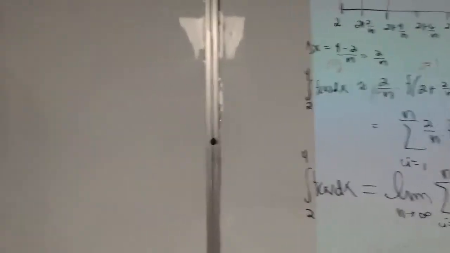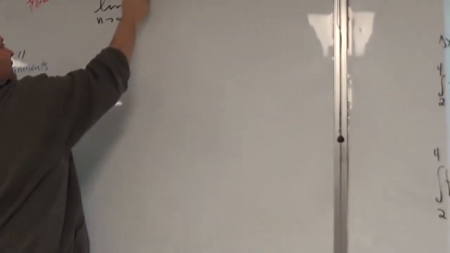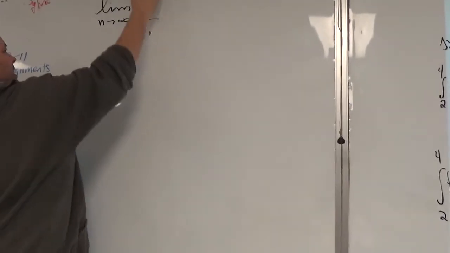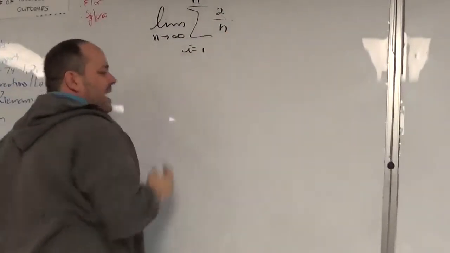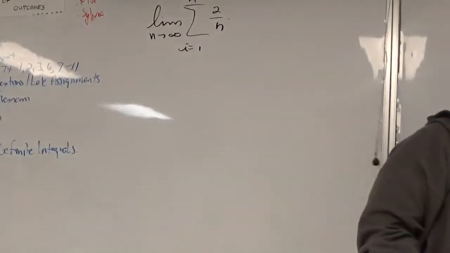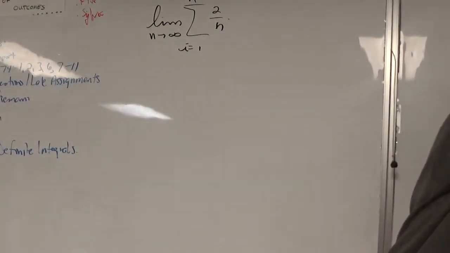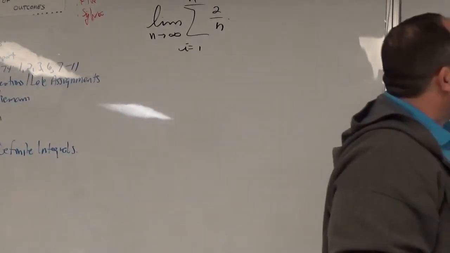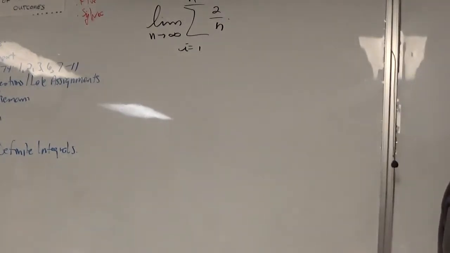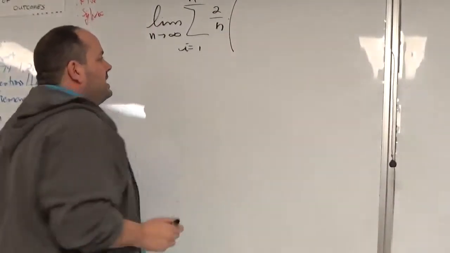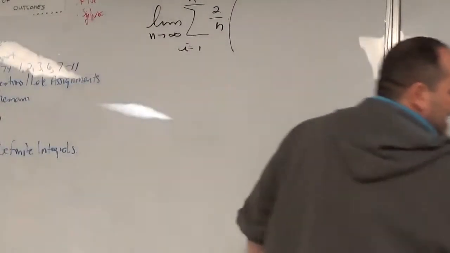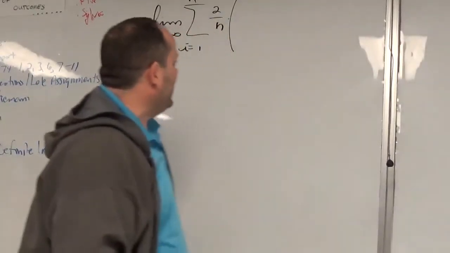So what might happen is this. They're going to say, let's push the envelope a little bit more. And rather than saying 2 over n times f of 2 plus 2 over n times i, they're going to expect you to actually plug this into the function itself. The function being 2x squared minus x plus 3. So take your width, this guy here gets plugged into f of x.